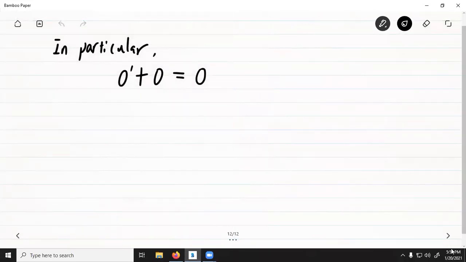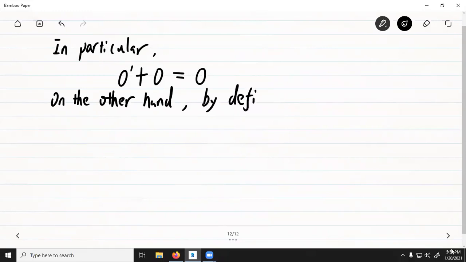On the other hand, by the definition of the additive identity 0, what's the definition of 0? 0 plus any real number would be that number.